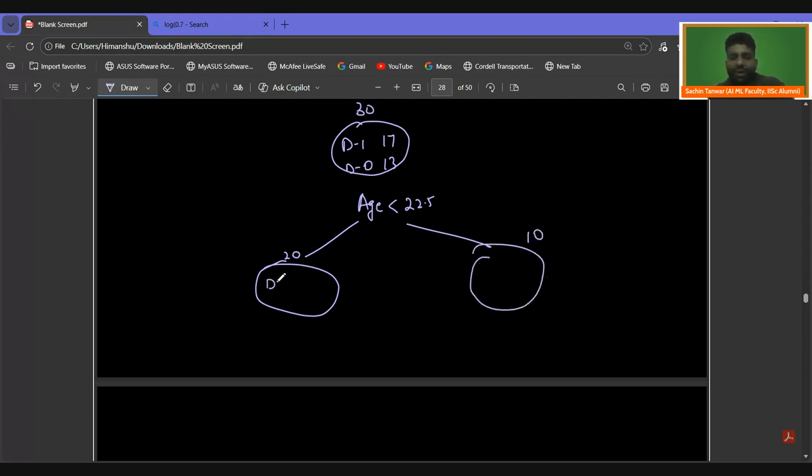Now again, for d equals 1, d equals 0, let's suppose this count is overall 4 comma 16. And for d equals 1 and 0, let me say it's 8 and 2.